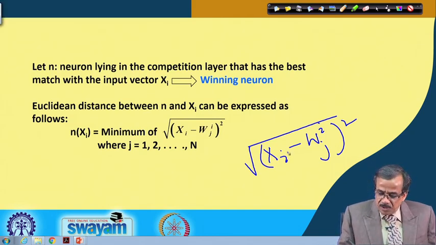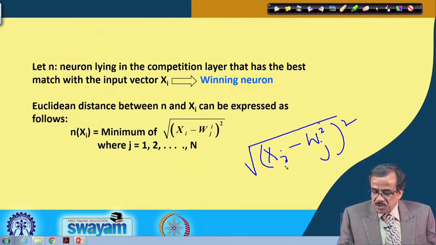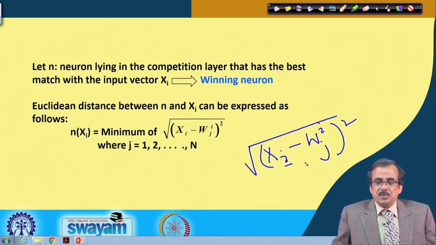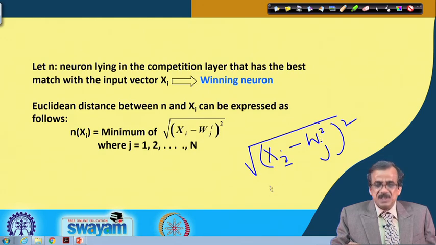Now, corresponding to this ith data point, we have generated how many W values? Capital N number of W values. So, how many such Euclidean distances are possible?